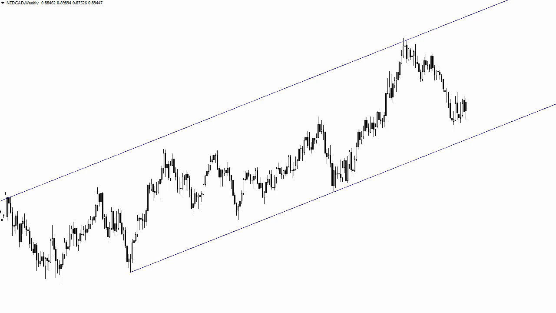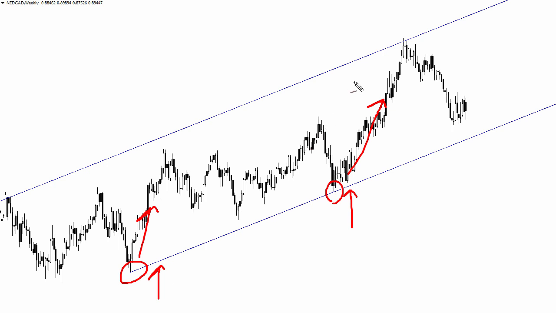All right, so now that we've taken a look at how we can use supply and demand to identify horizontal levels in the market, let's take a look at how we can use them to identify channels. Here we have the New Zealand dollar Canadian dollar weekly chart, and you'll notice that we have this lower level down here acting as support, which can also be thought of as demand. So we have demand here as buyers come into the market and push it higher.